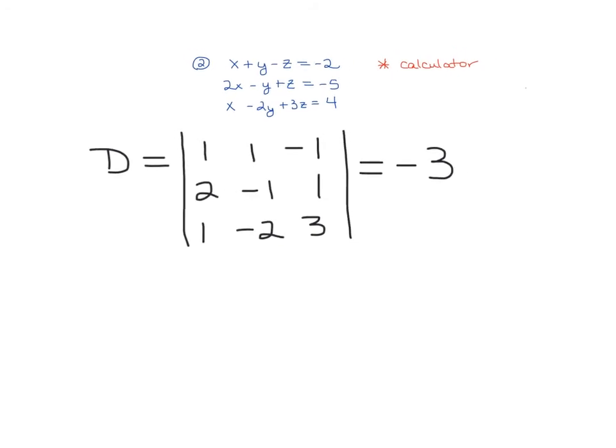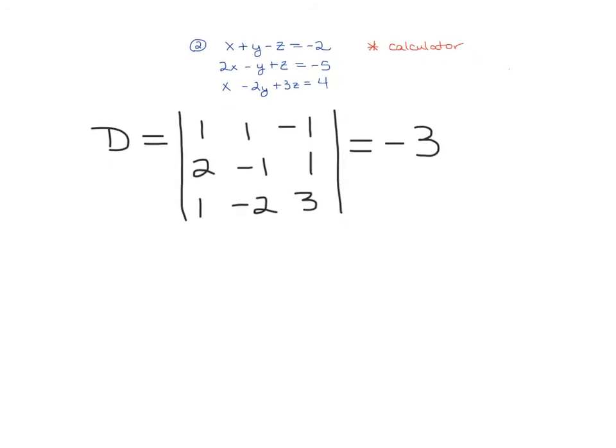Now we're going to repeat the process and find a Dx. So for Dx, remember the x column gets replaced with the solutions. So I'm going to put -2, -5, positive 4.